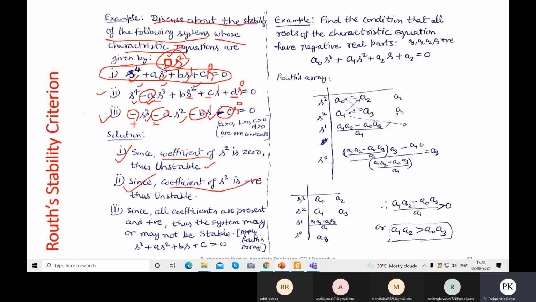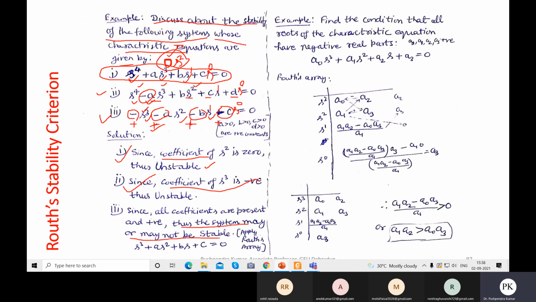Then all coefficients become positive. So in this case, since all powers of s are present and the equation has positive coefficients, the system may or may not be stable.